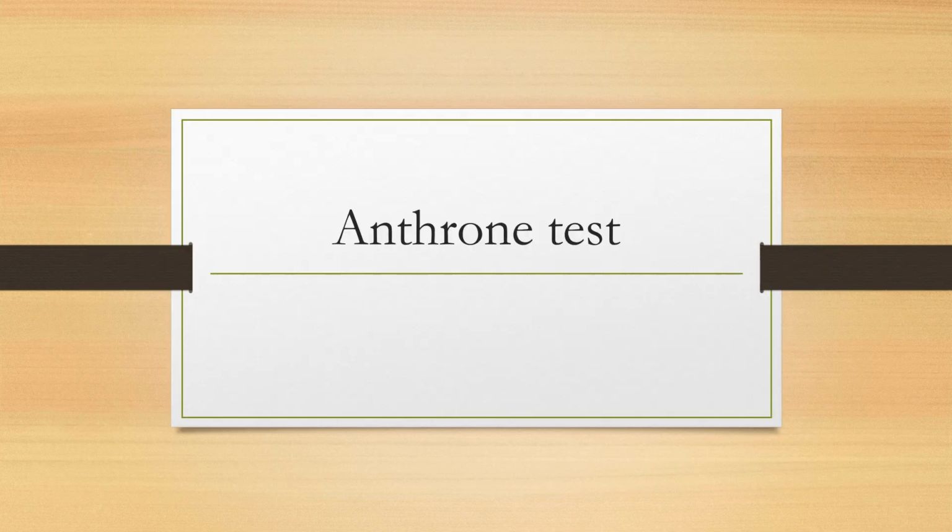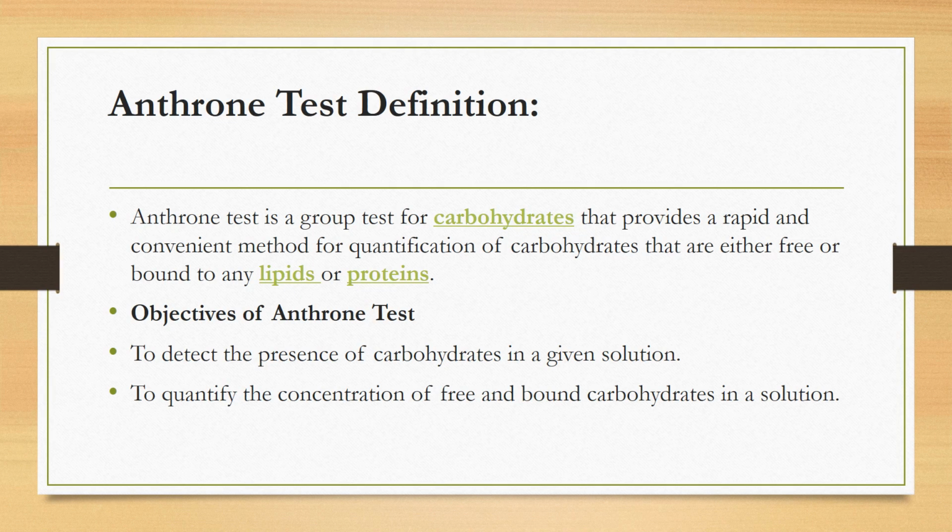Okay, the third test for detecting carbohydrate is the Anthrone test. What's the Anthrone test? Anthrone test is a group test for carbohydrates that provides a rapid and convenient method for quantification of carbohydrates that are either free or bound to lipids or proteins.